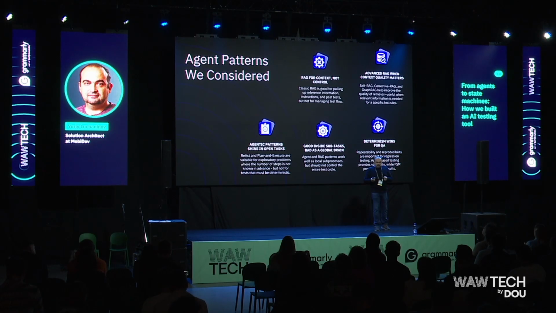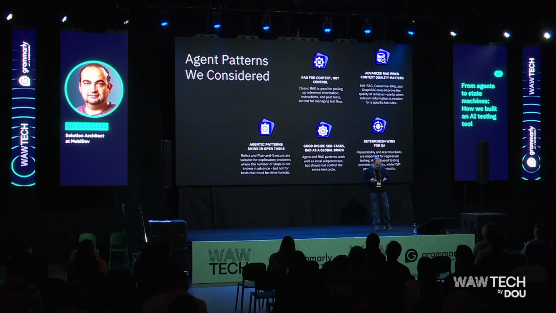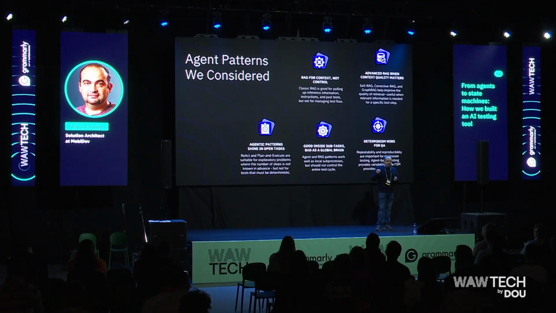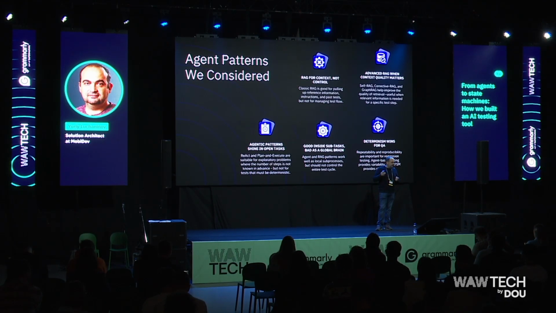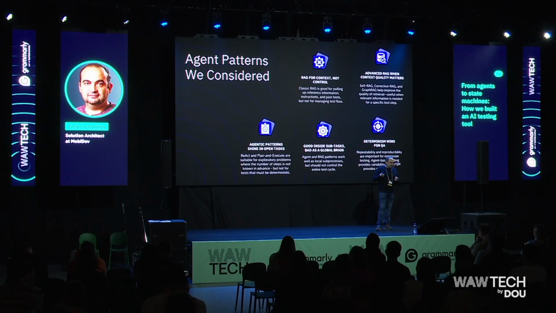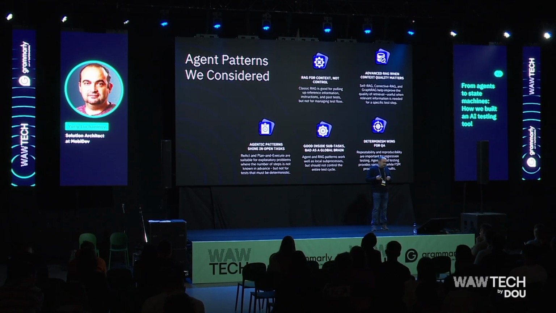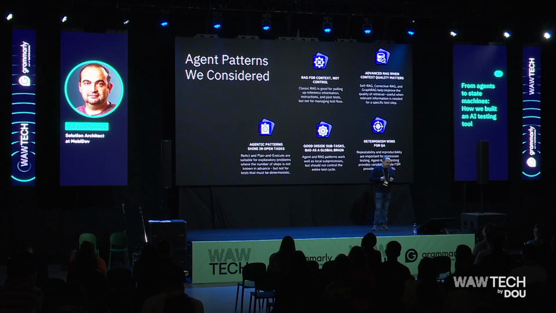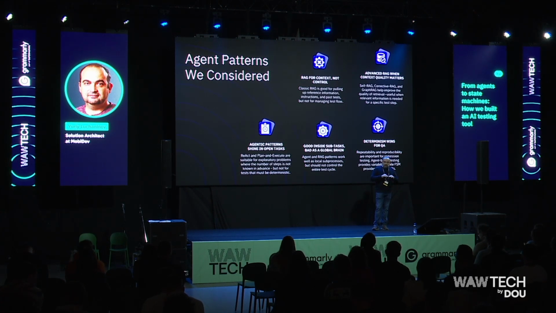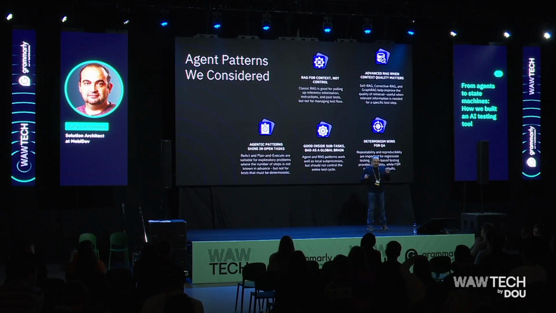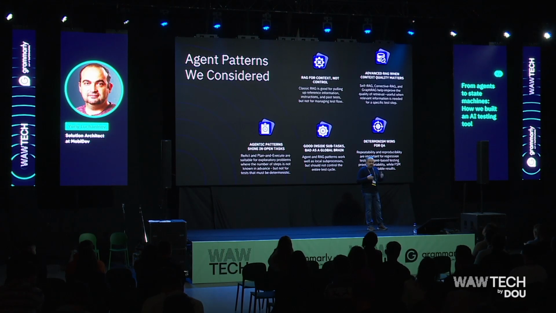But at the same time, it has a huge problem in production. You need to have predictability. You need to have reproducibility for the tests. And for those cases, maybe a hybrid architecture, which could be described as a deterministic flow with small, narrow AI agents, could help.